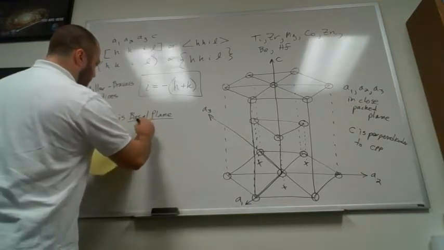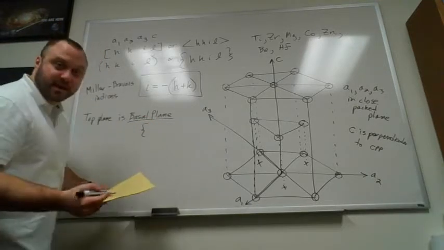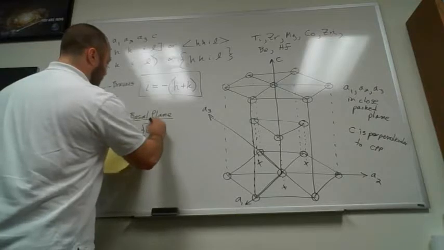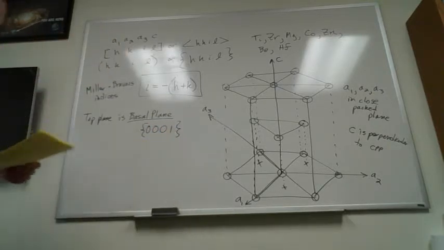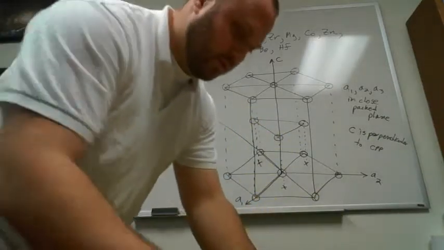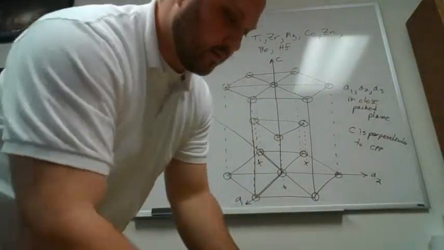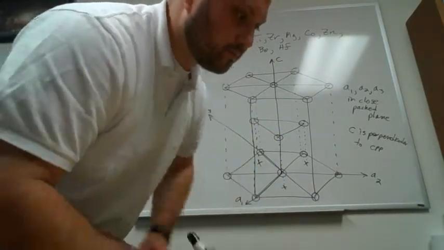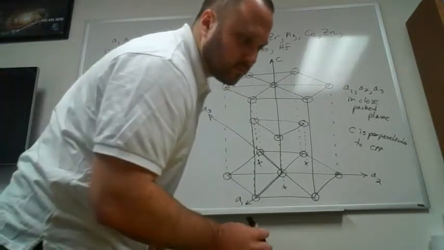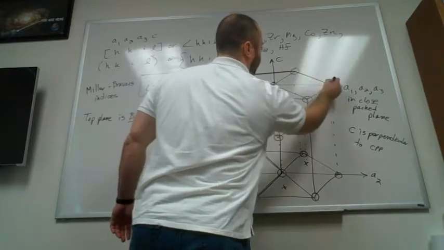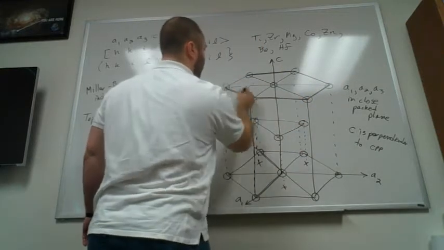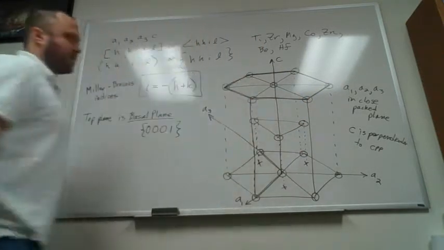And that would be the planes of type 0, 0, 0, 1. Okay? So that would be, if I want to draw it on here, this top guy right there. All right?